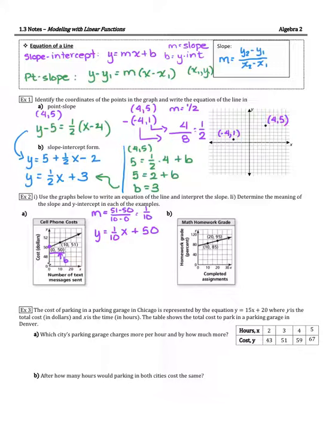So the slope represents the cost per text message, since it's rise over run. So the cost per every text message.